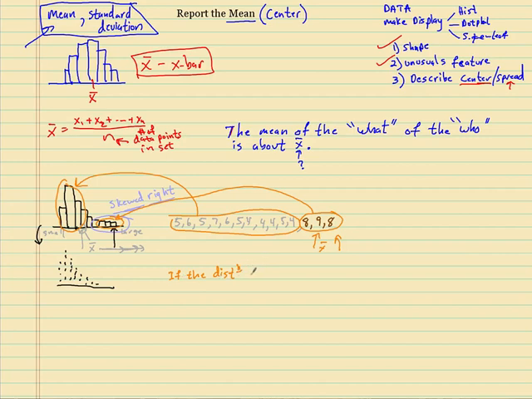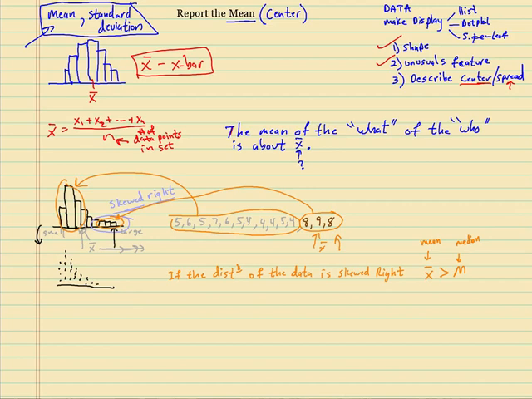If the distribution of the data, if the picture of the data is skewed right, okay, write this down and put a star by it. The mean will be greater than the median.